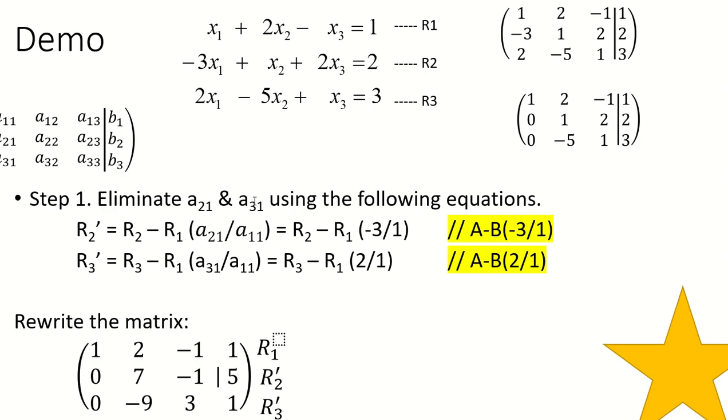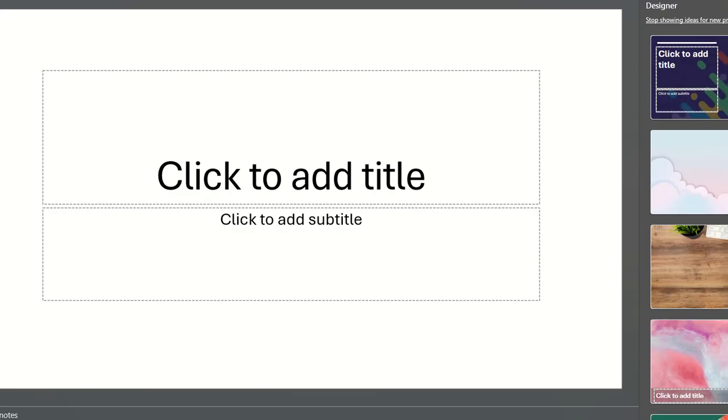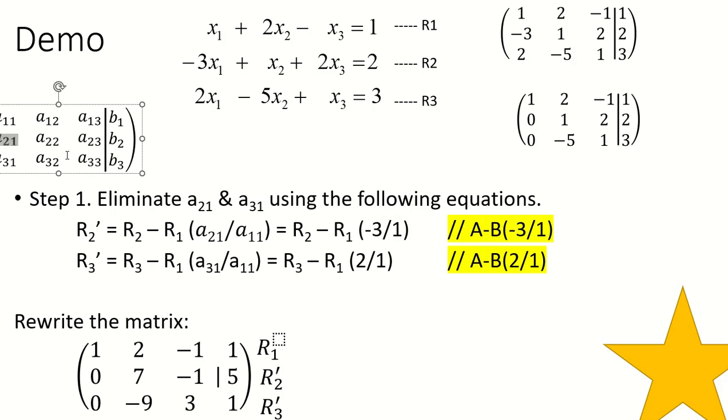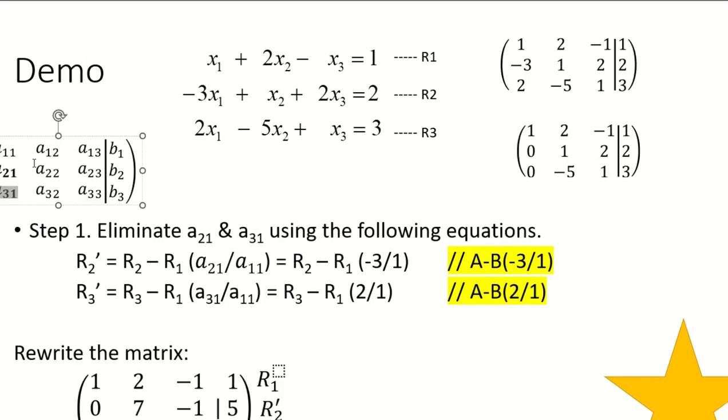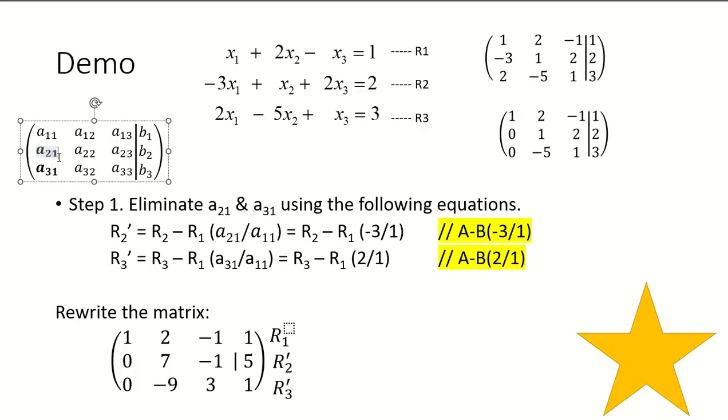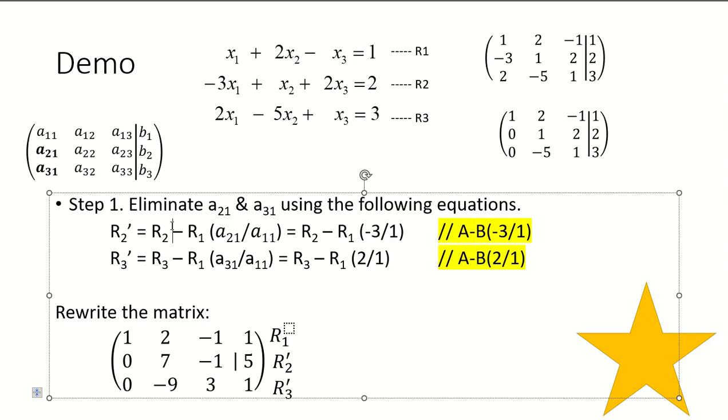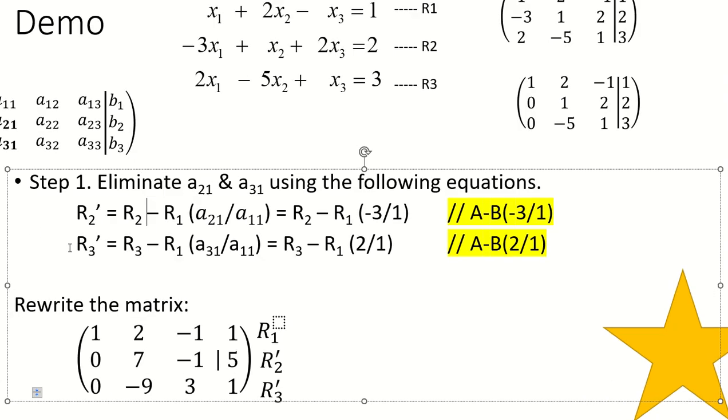That's why in step 1, we eliminate the A21, and where is it? Here, and A31. So this is our target. Eliminate this, make it become 0. We are going to use this equation, which is very easy to memorize.